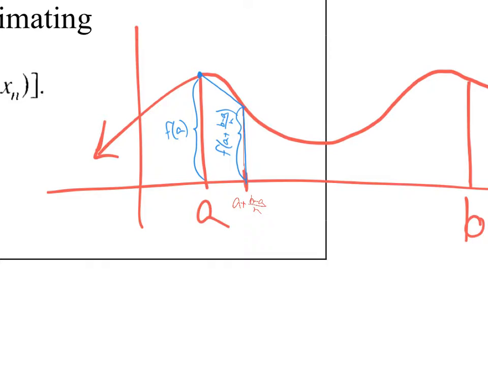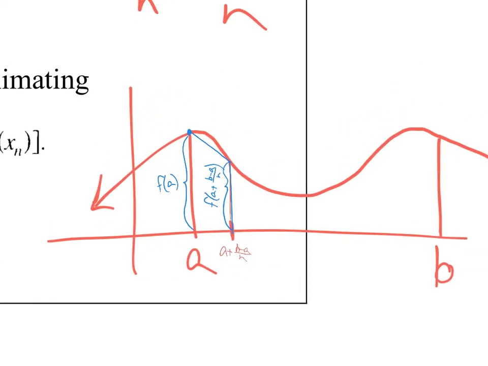So if I found the area of that trapezoid, it would be 1/2 the average of the bases. So f of a, let's go ahead and use our x sub 0, and this is going to be f of x sub 1, just for simplicity in writing.